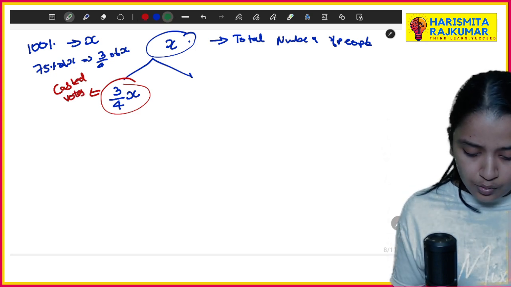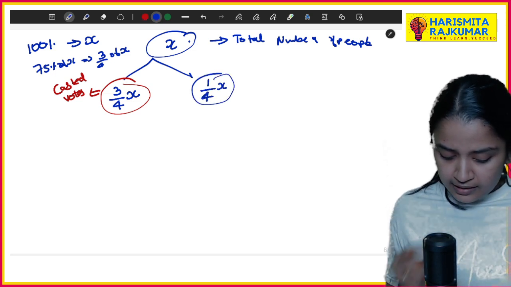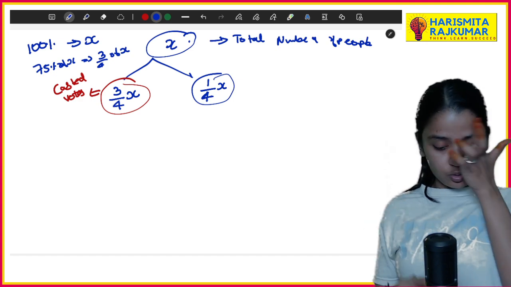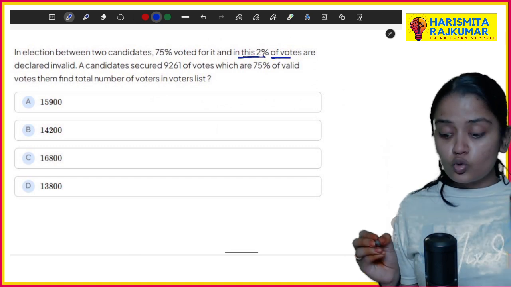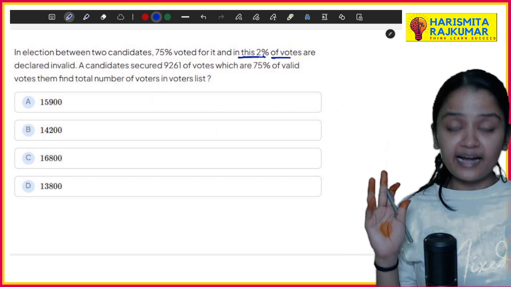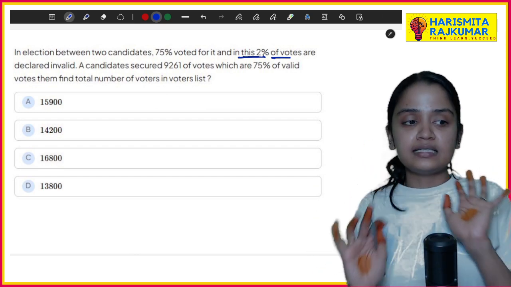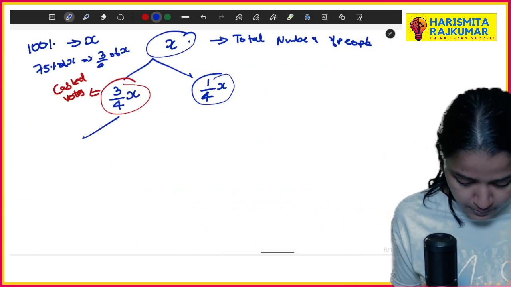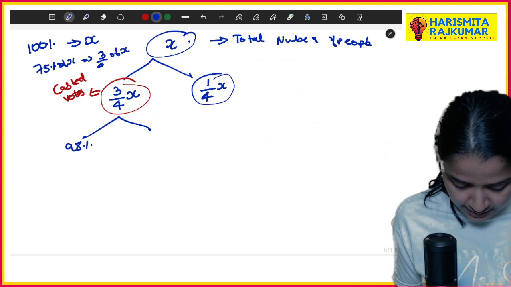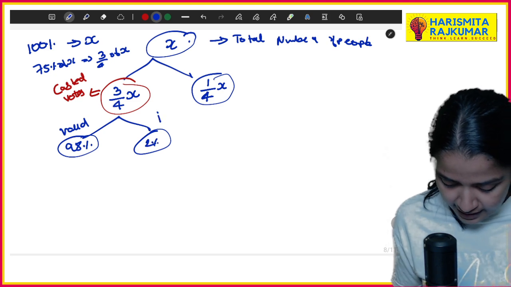So remaining, you can say that 1 by 4 X did not vote. That you understood. In that 75%, only 2% of votes are declared invalid. So 75% voted, and in that, 2% of votes are invalid. So you split it as 98% valid and 2% invalid.